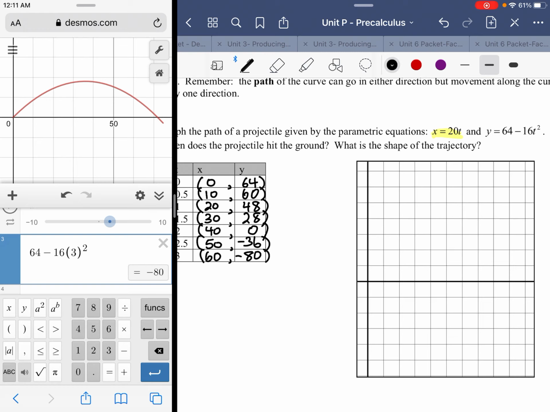All right, so the x values are going out to 60. I can scale this any way I want. Definitely don't want to go by ones. If I go by tens, it's going to be a little tight. So maybe I'll go by fives. So 10, 20, 30. Oh, maybe not. Let's see.